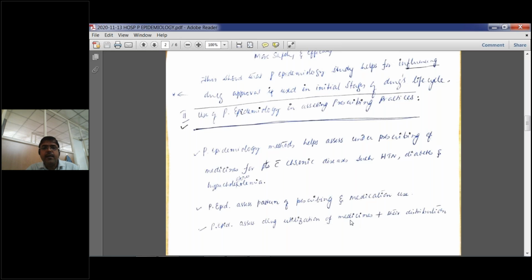All these things can be assessed at the hospital setup to assess the drug utilization of medicines, including their distribution.